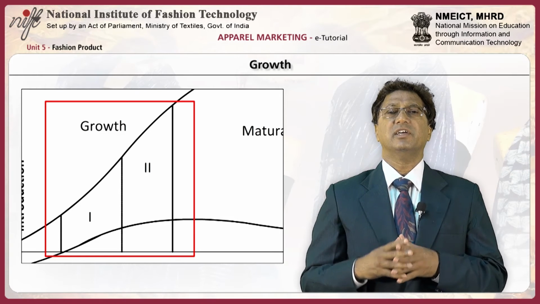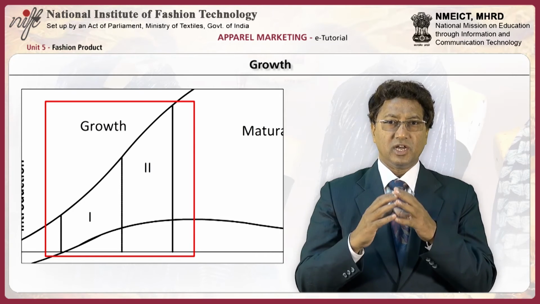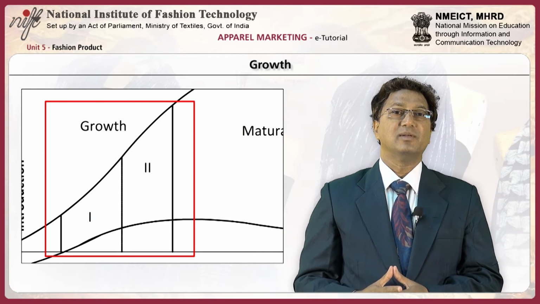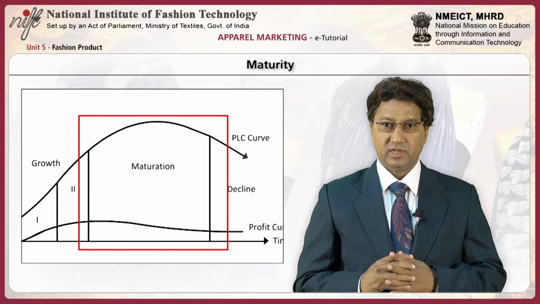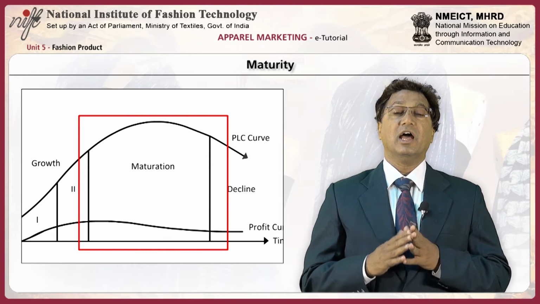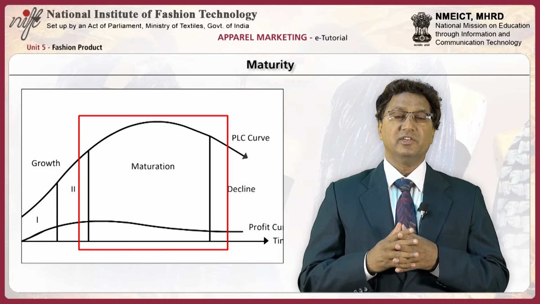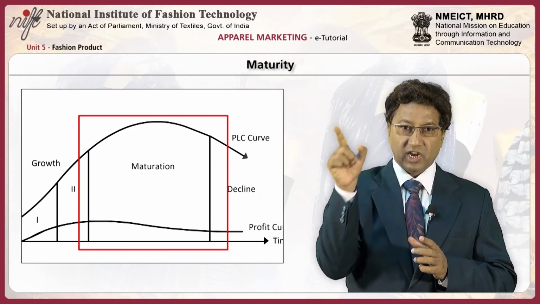Promotional emphasis is still continued, but the focus now is to gain more acceptance by the mass market. In the maturity stage, the fashion has mass appeal. This period is expected to be the longest in its life cycle.